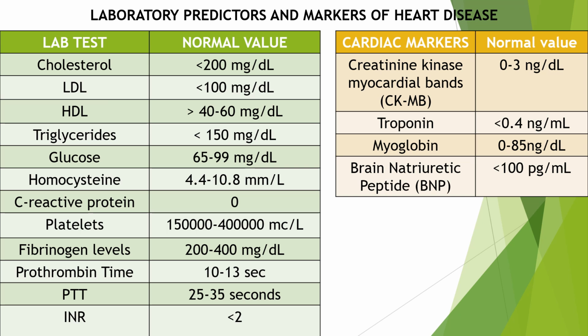The elevation of BNP also indicates heart failure. So nurses need to obtain CKMB, troponin, myoglobin, and BNP. These are the cardiac markers, and this is one important thing in identifying heart disease.